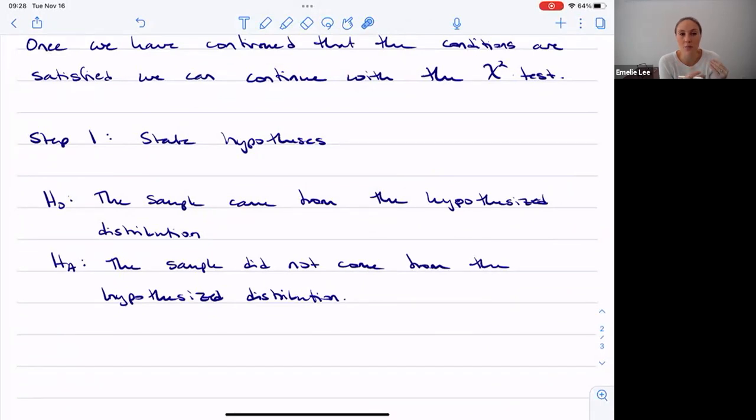So is the sample representative of the population? And the other one would be if we have some guess at what the distribution is going to be, right? How well does our sample fit with that distribution? And so this generic hypothesis has to be tweaked to match the question, right?